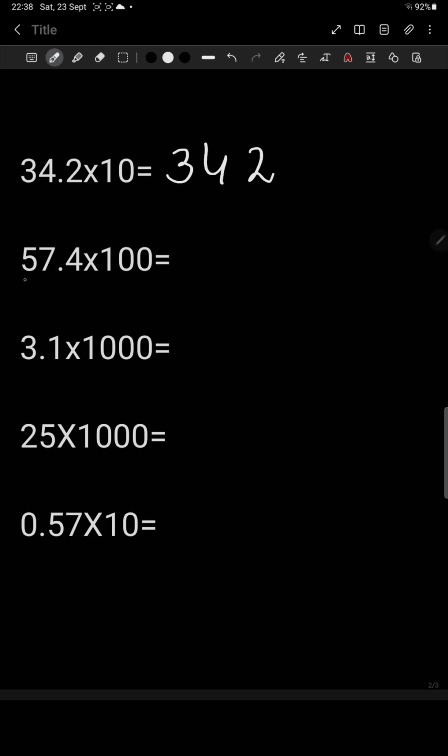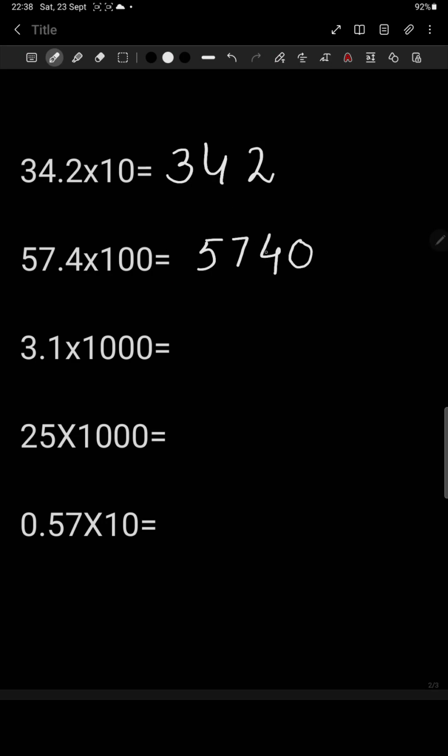For instance, in this question, 57.4 multiplied by 100. There are 2 zeros in the 100, and the decimal should move 2 places according to our method. So 574, the decimal is before 4, so it should move 2 places, but we have only one digit after the decimal, and we are supposed to move 2 places, so we will place a 0 over here.